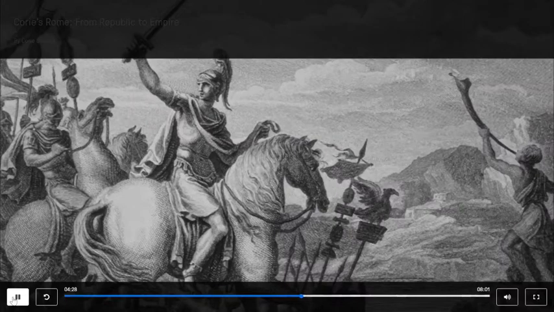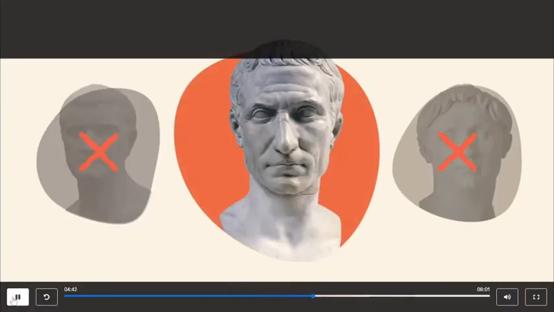He marched his army on Rome itself, causing a civil war. By 44 BCE, Caesar defeated Pompey and his allies, making him the most powerful man in Roman society. He used that power to declare himself dictator for life. Dictator for life? That sounds a lot like a king, something the Senate was fearful of.